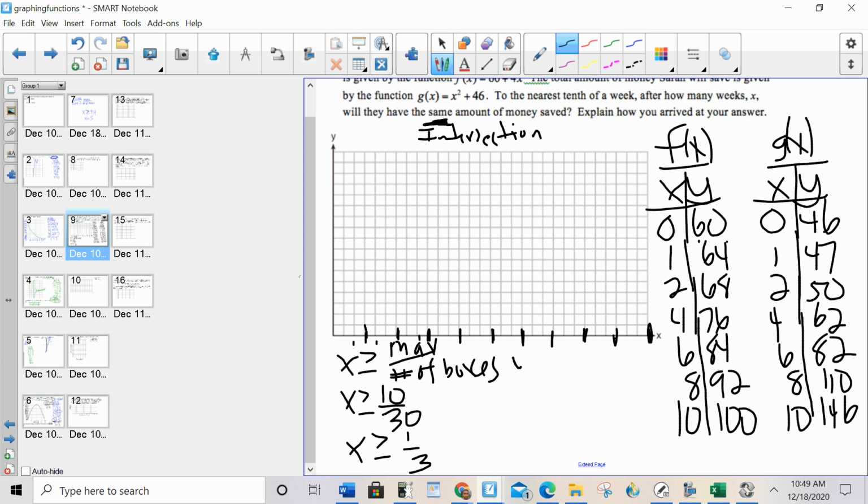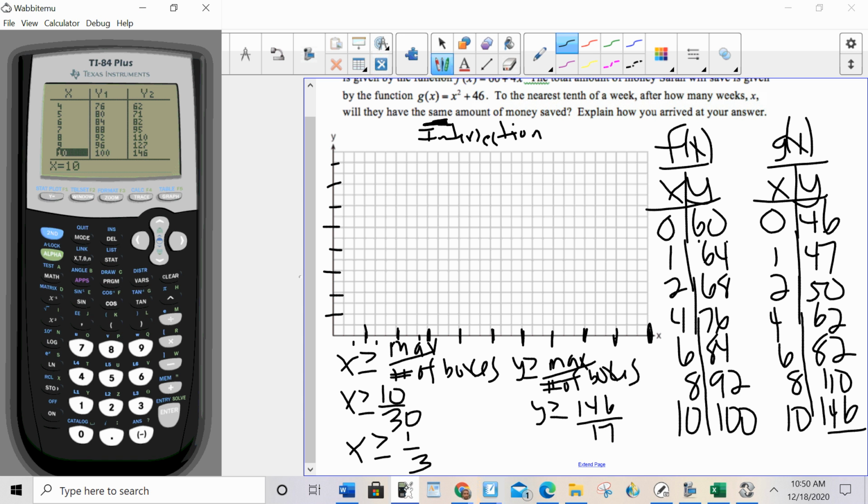Now for the y's. The maximum y value I see is 146. The number of boxes, 2, 4, 6, 8, 10, 12, 14, 16, 17. 146 divided by 17 is 8.58.